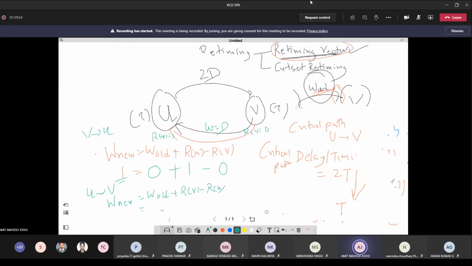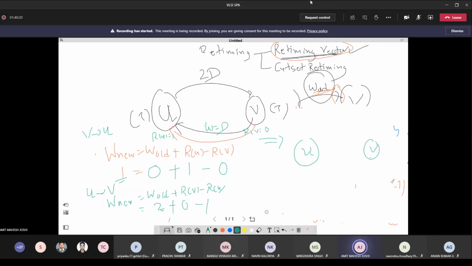So W old is 2. What is RV? 0. W new is 1. So now if I want to redraw the critical retimed graph over here, then the retimed graph would be U, V. Now with this equation I get D over here, and with this I am getting D over here.